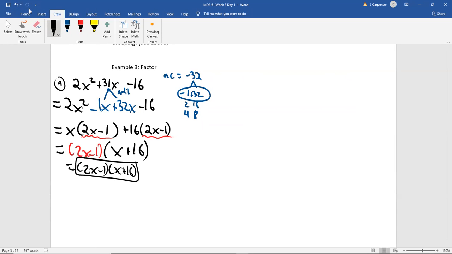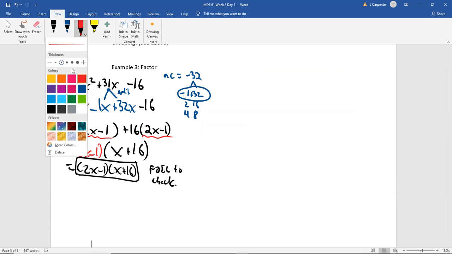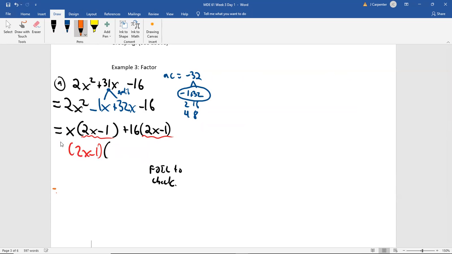If you don't trust this, you can FOIL to check, just like before. This is kind of a crazy technique, so I will do this for once. Just going to check it really quickly. So your F would be 2x times x, that's 2x squared.